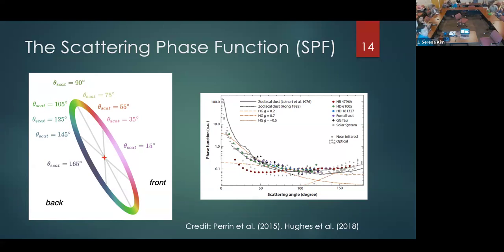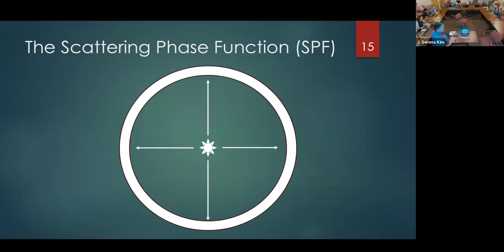I don't think this is a super informative diagram to help you understand what it takes to actually measure the scattering phase function or what it really describes. So I made my own little PowerPoint explanation of what you can actually measure and see with the scattering phase function, depending on the system that you have.